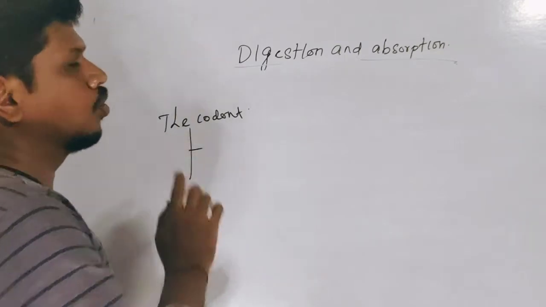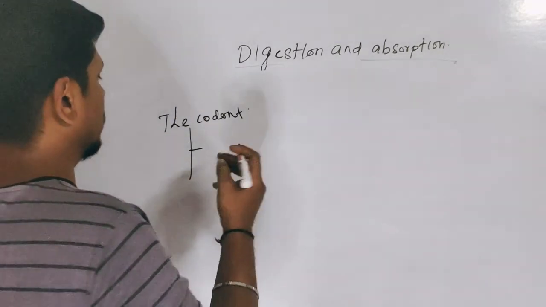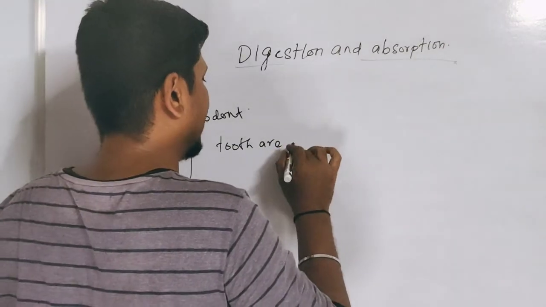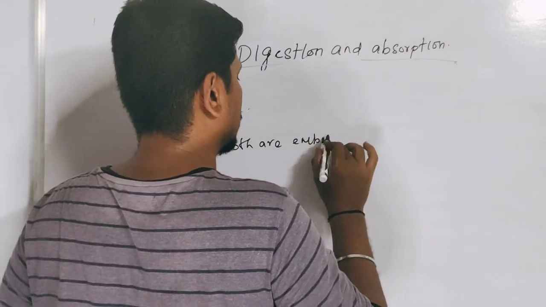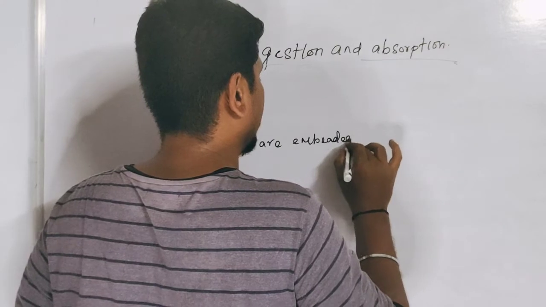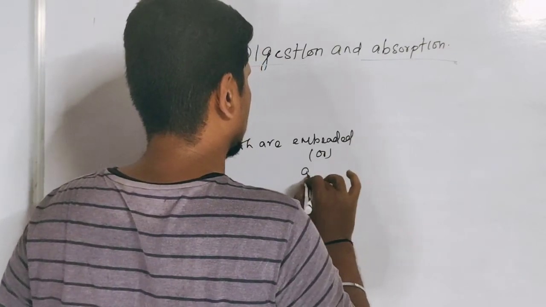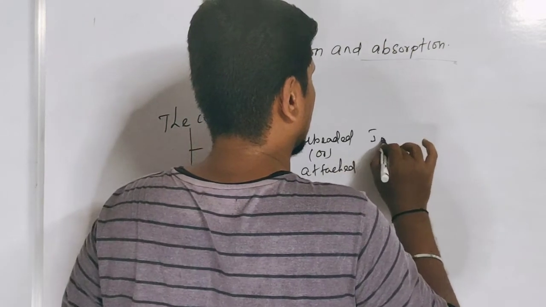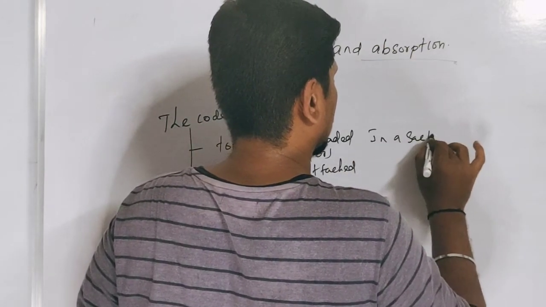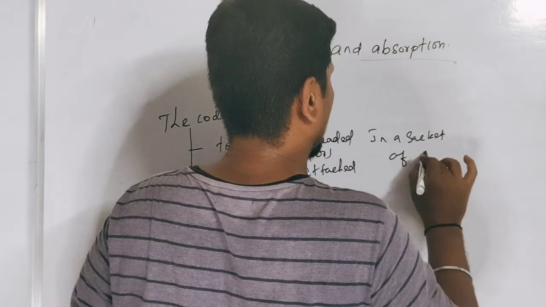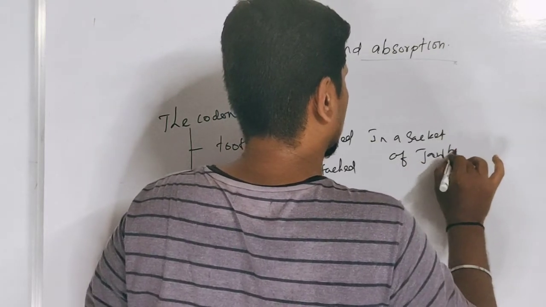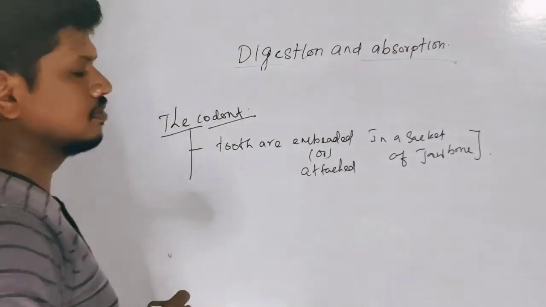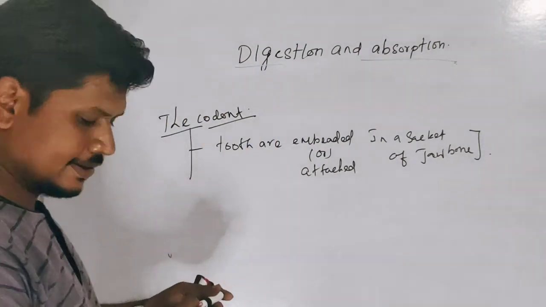They call it thecodont, right? Try to remember. Teeth are embedded or attached in a socket of the jawbone. They call it thecodont.